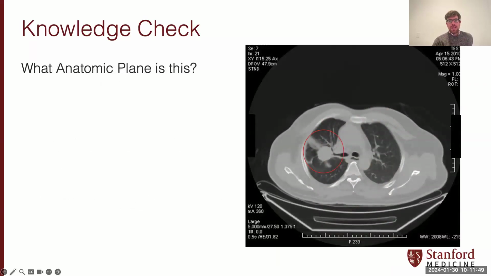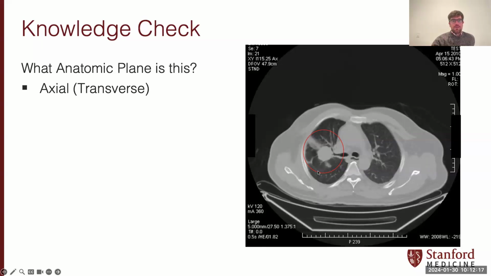All right, what anatomic plane are we looking at right now? Yeah, so this is the transverse or axial plane. So again, looking at you as if you're cutting sort of through the body and looking from the top or the bottom.